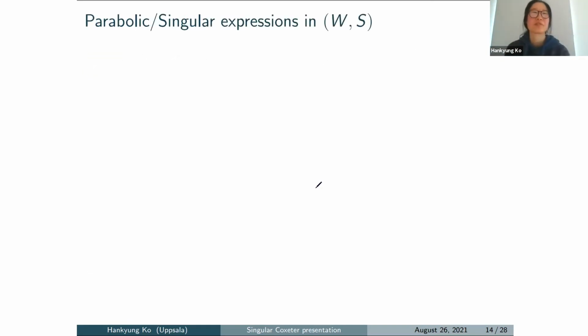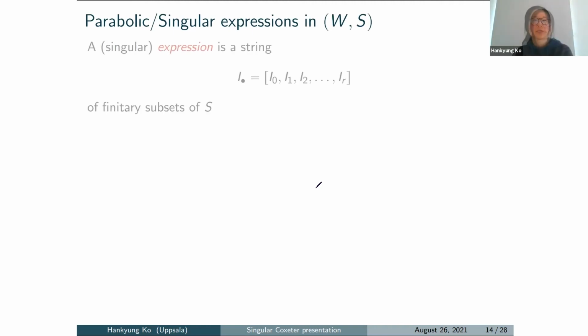Thanks. So now I can introduce the expressions. Parabolic expressions and singular expressions are, I think, both good names, but maybe not perfect names. I call it a singular expression, and I just call it an expression. It will be clear. An expression is a string, and this time instead of taking elements in S, we take subsets of S, and we require them to be finitary. This is important.